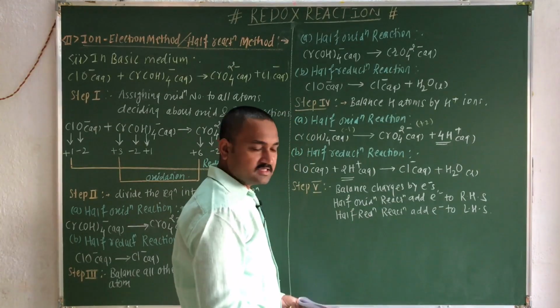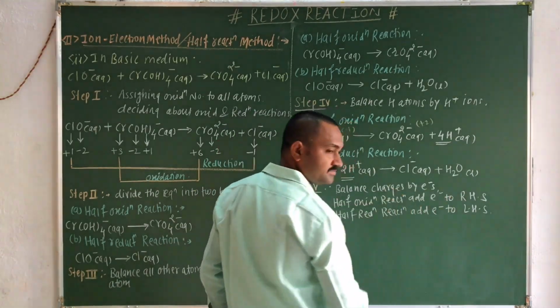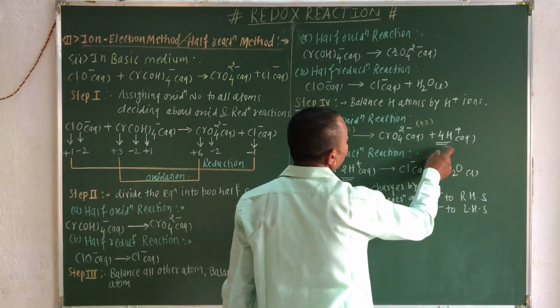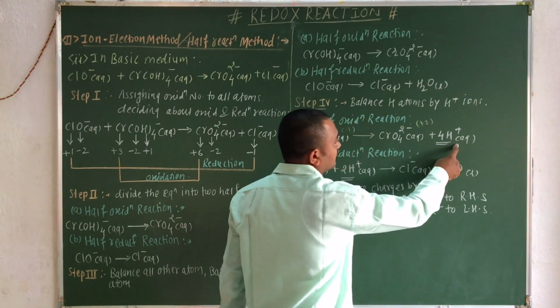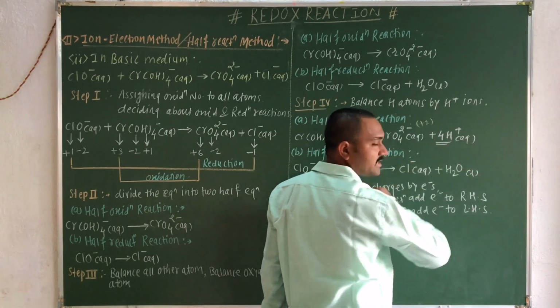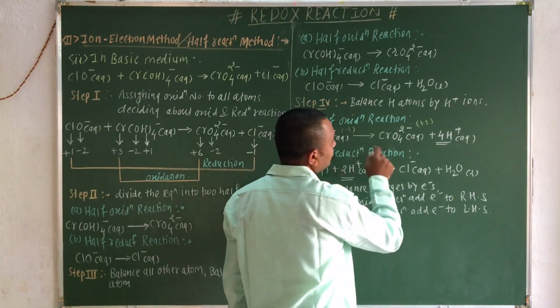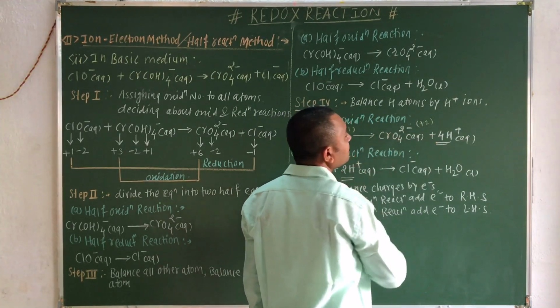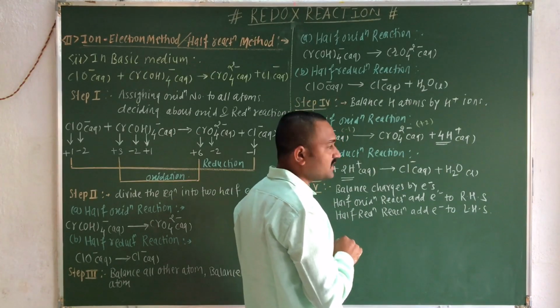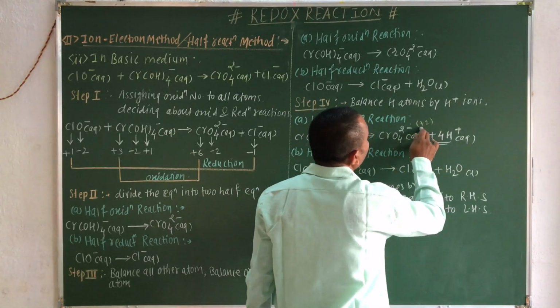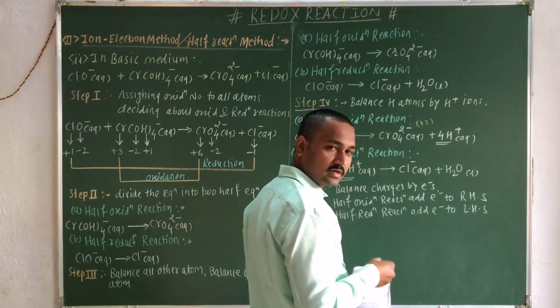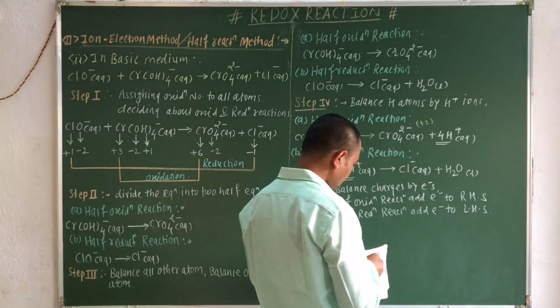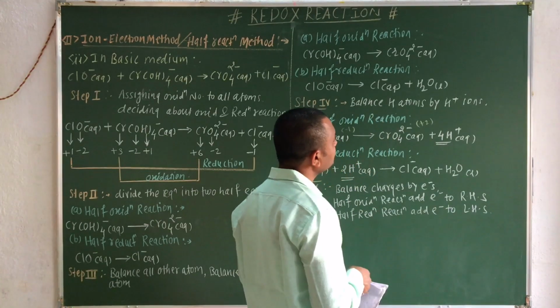So how can we balance the charges? By adding electrons to the right hand side of the equation. So if we add electrons, we have to make it -1. Overall it is now having +2 charge. So if we add 3 electrons here, that will be -1 charge.